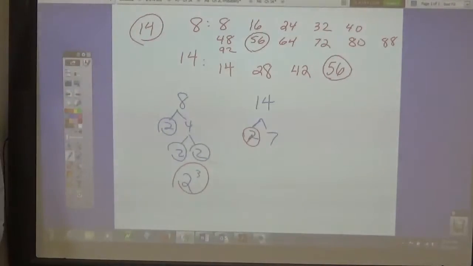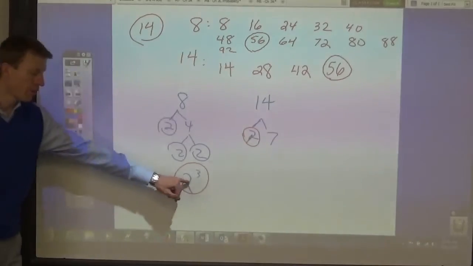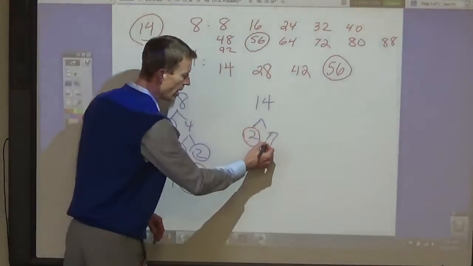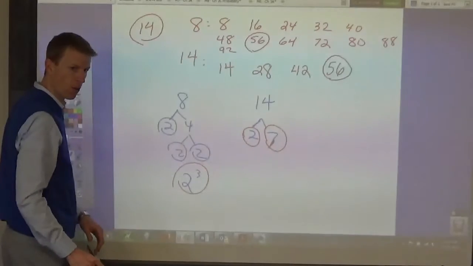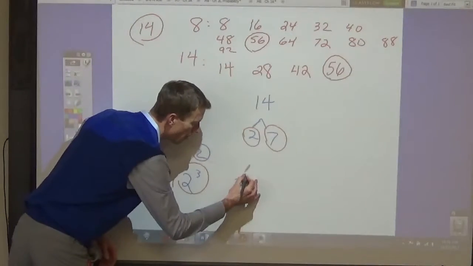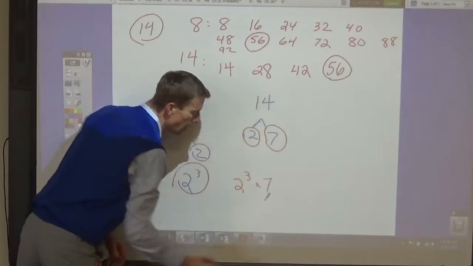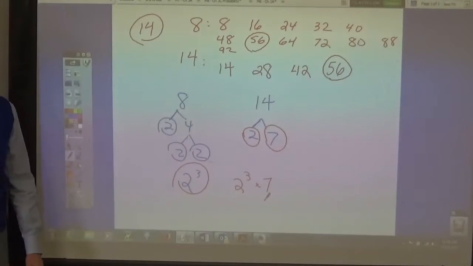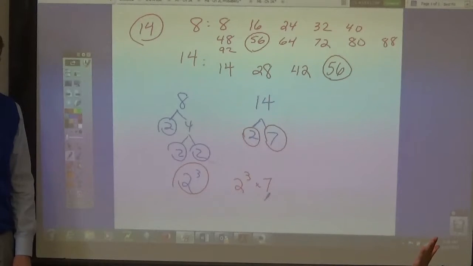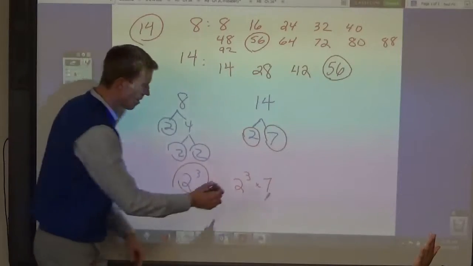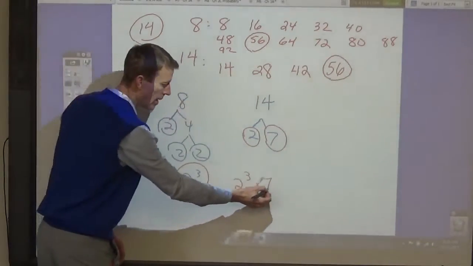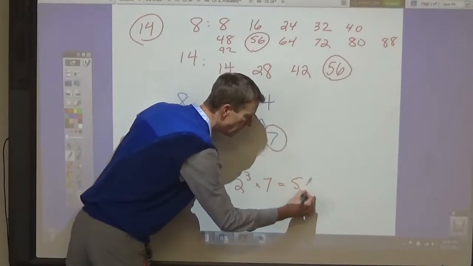Which one should we use? 2 to the third power. And then we also have to use a 7 in the formula. 2 to the third power times 7. What is 2 to the third power times 7? It's 56. Because 2 to the third power is 8. 8 times 7 is 56.